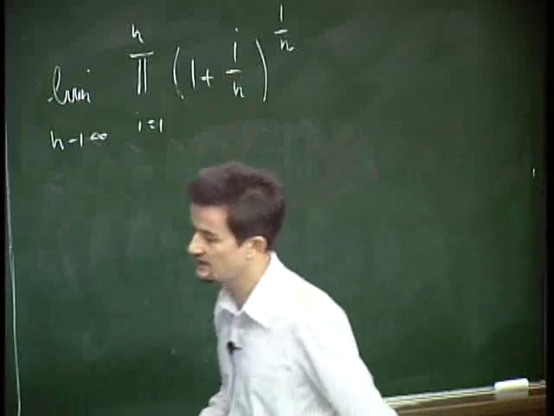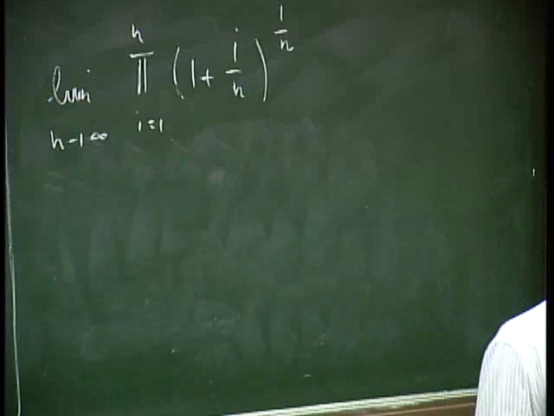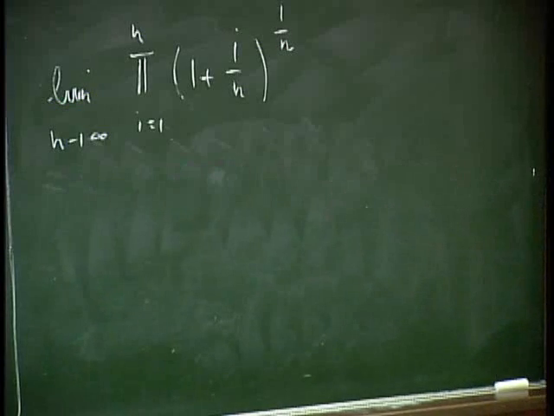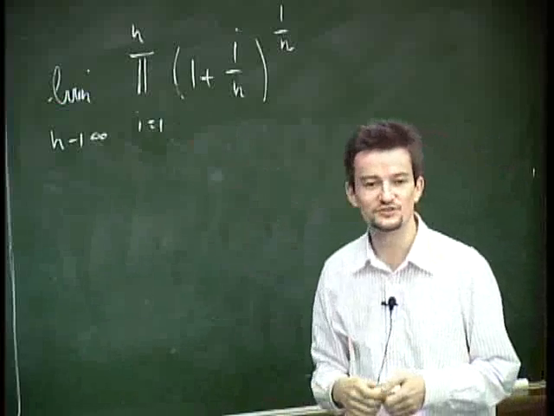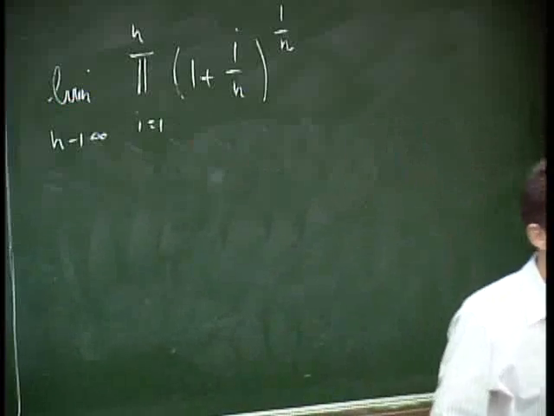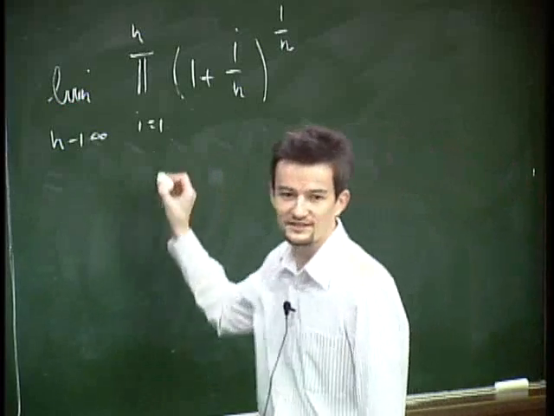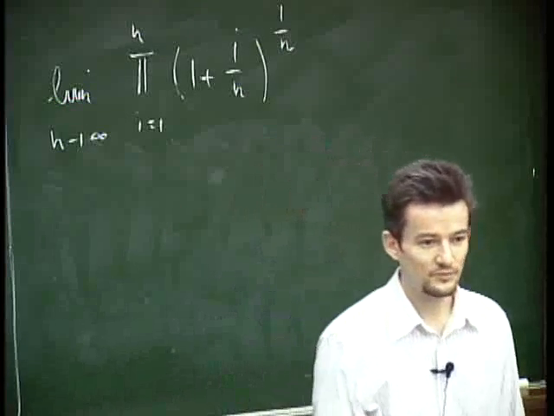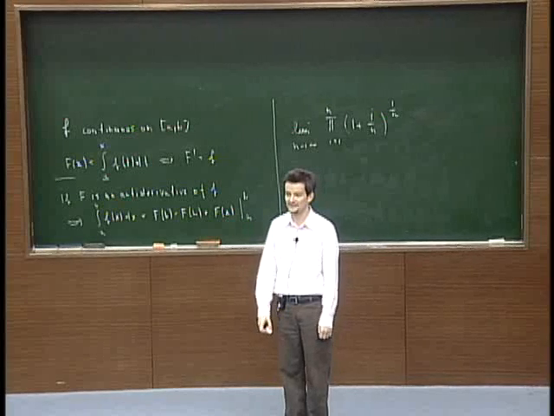So this was an in-class homework maybe 2 years ago, but not many students could solve it. Now, the main problem is because here is a product, there is no sum, so you do not see what is the relation to a Riemann sum. But how do you turn a product into a sum? You write e to the ln, because ln of a product is the sum of the ln's.